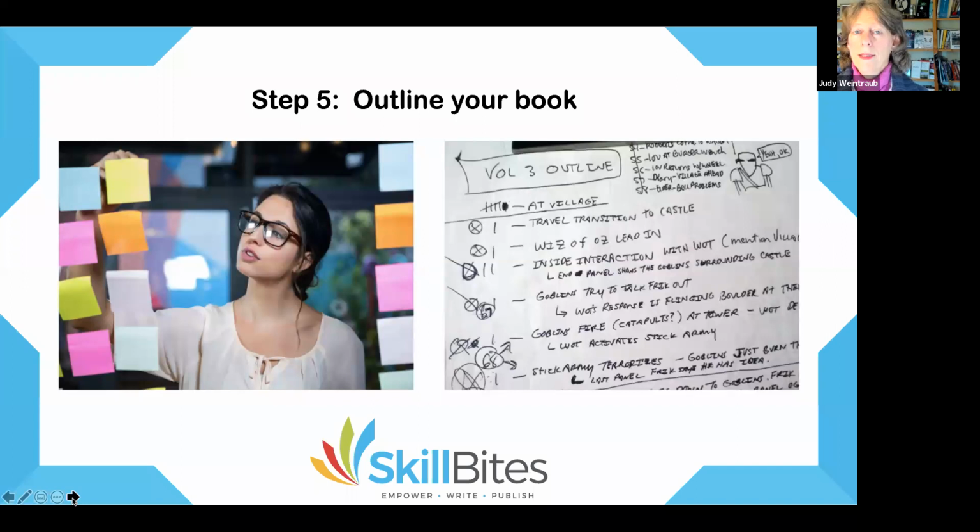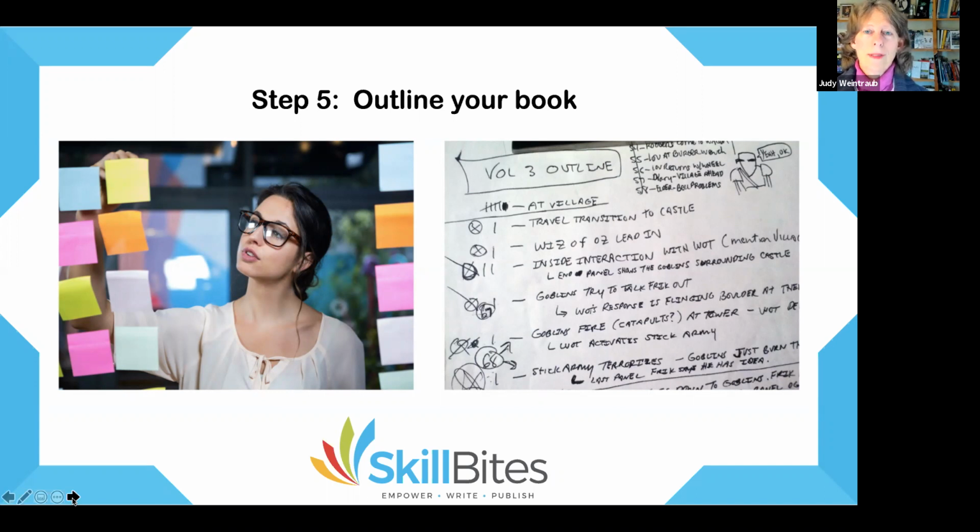You may have some case studies that you want to include as well. Stories are very powerful. So put in your outline what stories you want to include in your book. And once you have your detailed outline ready, you'll find, I think, that it will be much easier for you to get your book written.